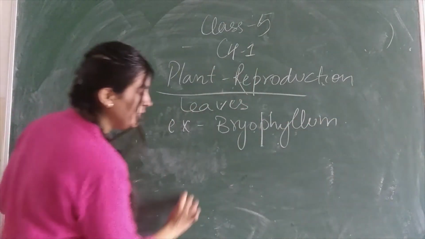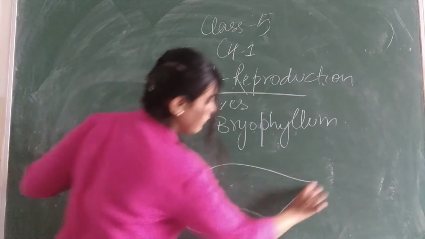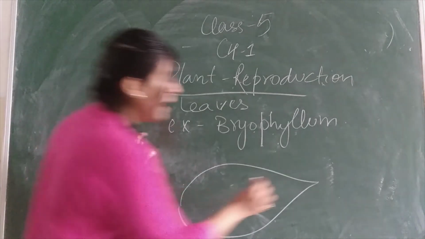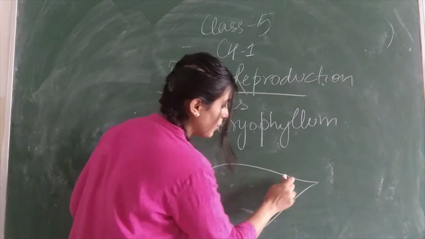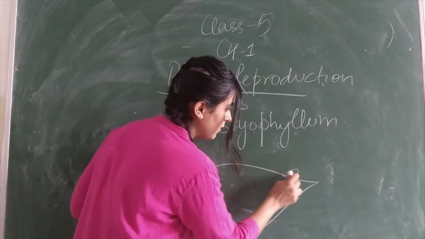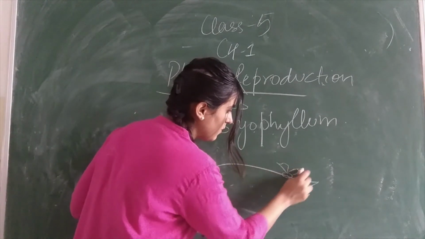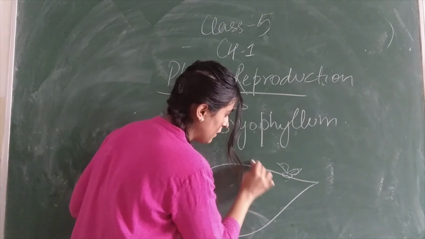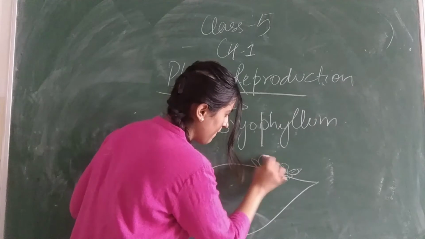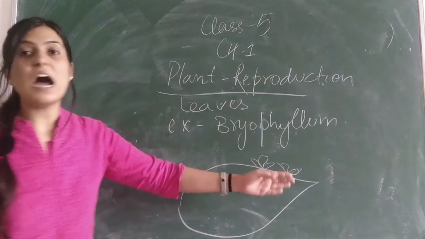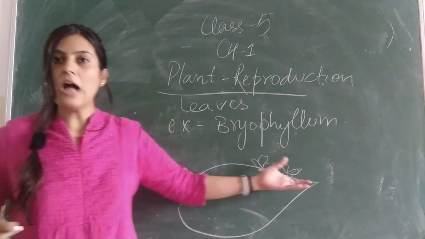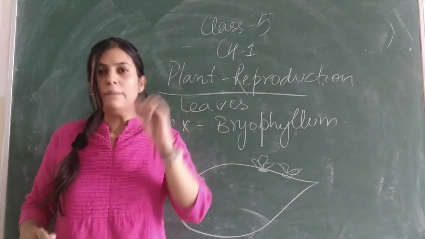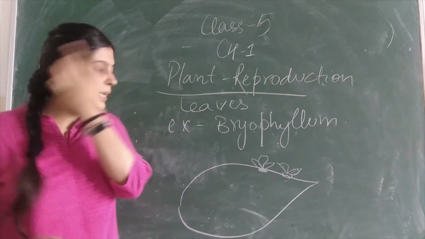Suppose this is the leaf of bryophyllum. These are the plantlets coming out from the leaves, or these are the small buds coming out from the leaves.